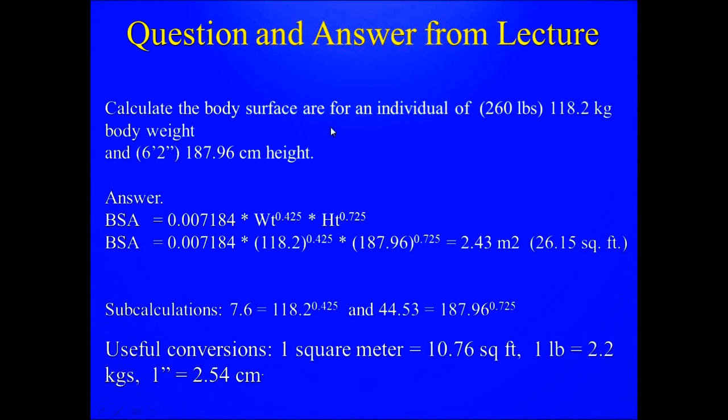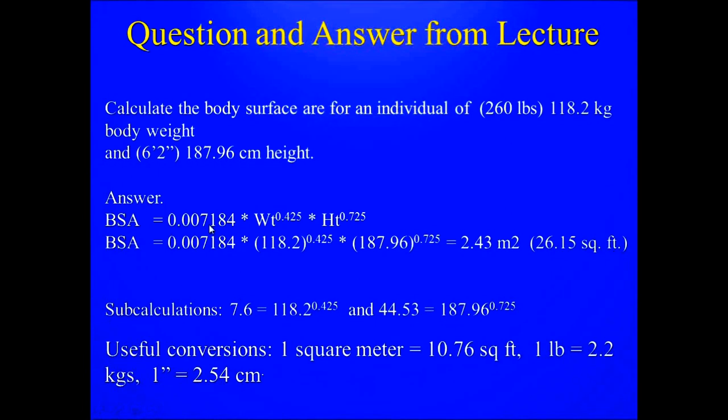In terms of body surface area, we came up with 187.96 centimeters in height. So your body surface area right here comes out to be 2.43 square meters, or 26.15 square feet of surface area.